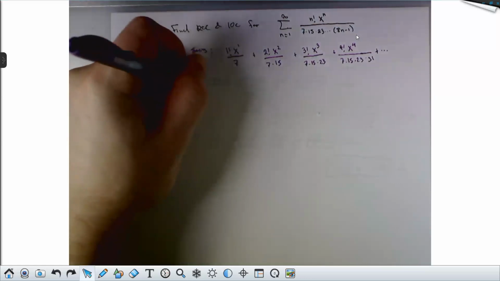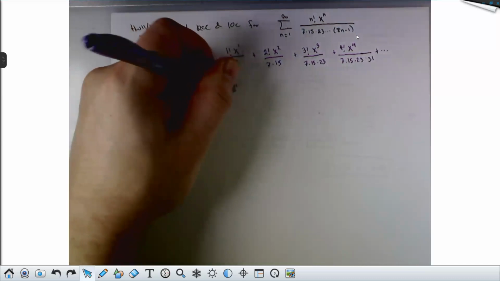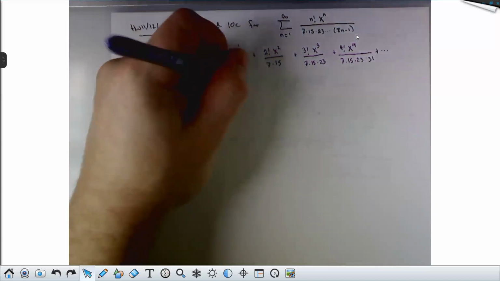L is the limit as n goes to infinity of the absolute value of a sub n plus 1 over a sub n.